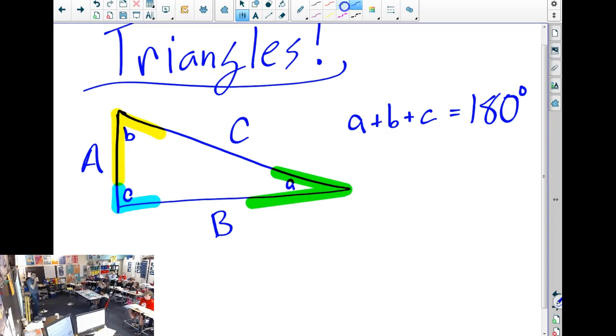Now, lines A, B, and C. If I make a triangle, and I encourage you now that we're talking about triangles, you can play with these triangle pieces whenever you want.